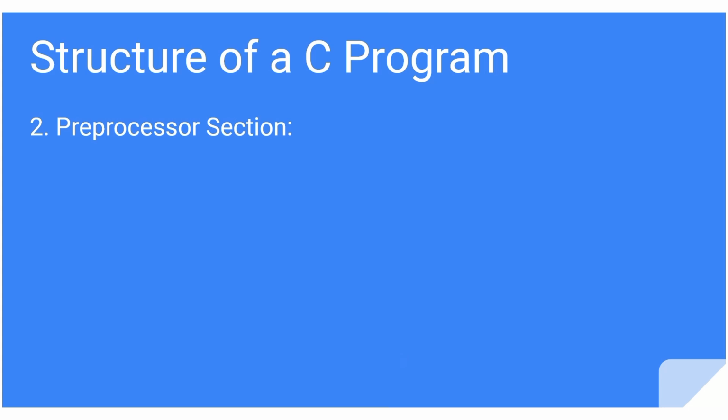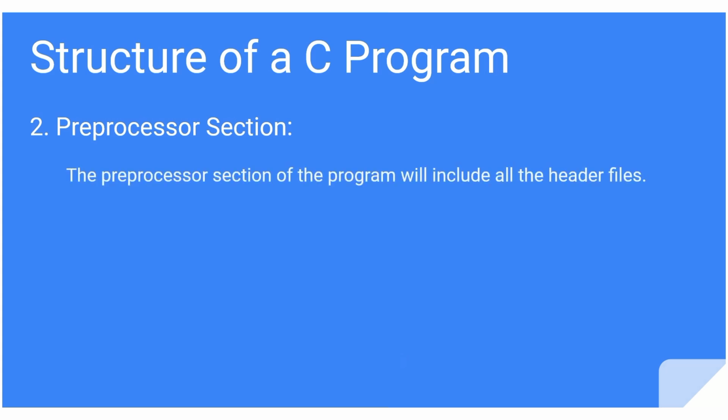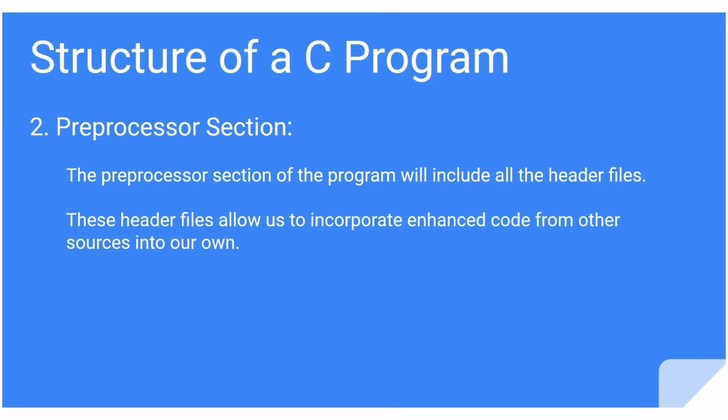Next, preprocessor section. The preprocessor section of the program will include all the header files. These header files allow us to incorporate enhanced code from other sources into our own.